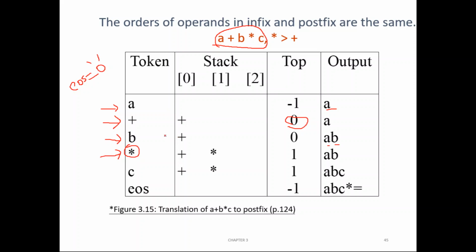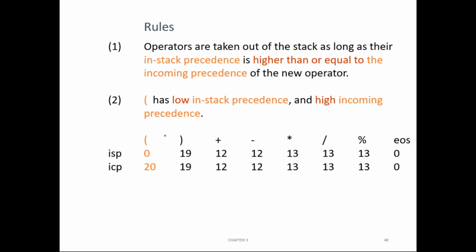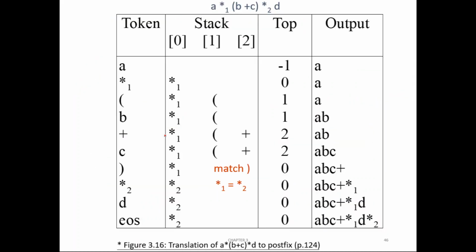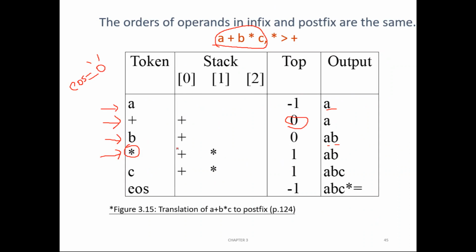As per our table, the precedence of plus is 12, whereas the precedence of star is 13. So plus is not greater than star, and you need not pop. Whatever the incoming token is, just push it into the stack. So star is pushed into the stack.